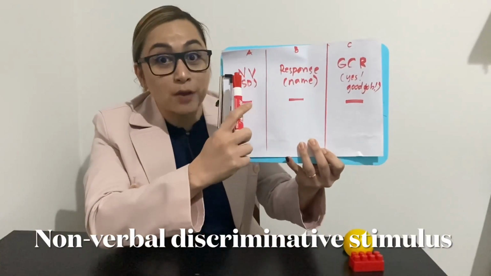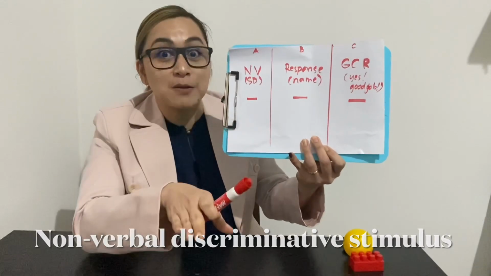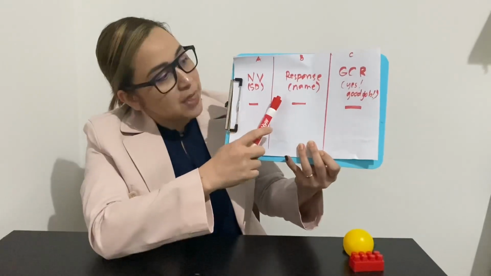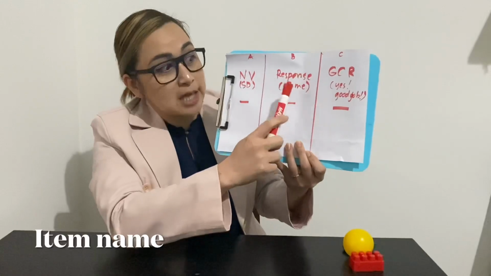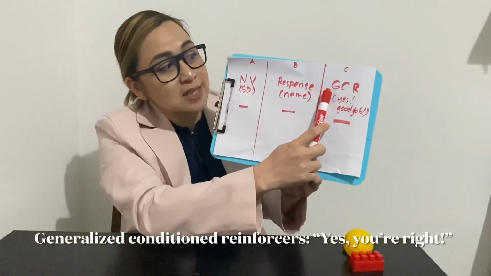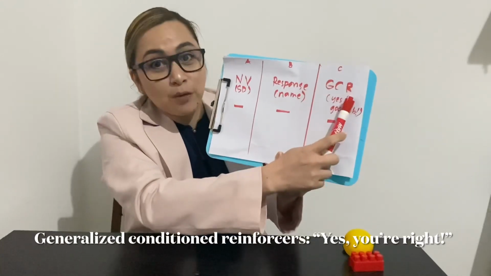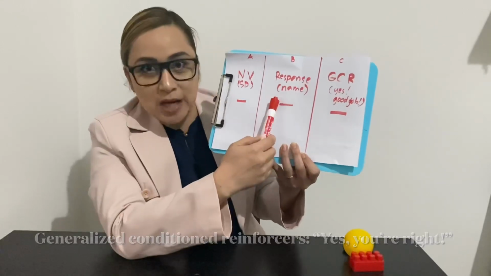That means it's non-verbal: anything in the surrounding environment. Then the response is the name of the item. And when you say the name of the item, you give a GCR, which is a generalized conditioned reinforcer. Good job. Yes, that's right. That is the name of the item.